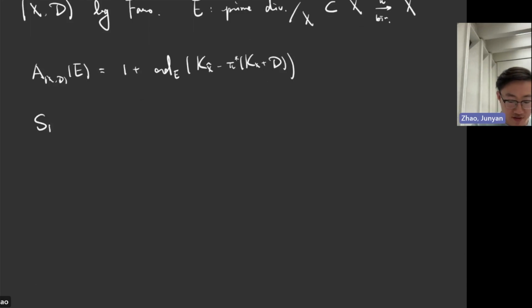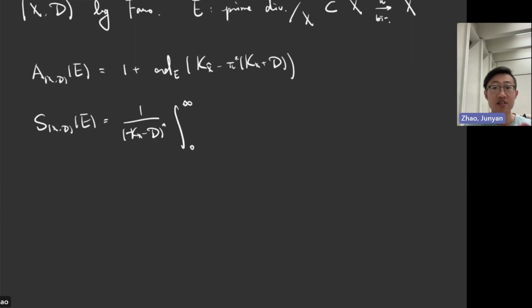Another one is called the S invariant. First we need to normalize it. It's normalized by the volume, and you take the integral from 0 to, actually this is a finite integral, of the volume of anticanonical minus some multiple of E, where you take the integral for this number t.